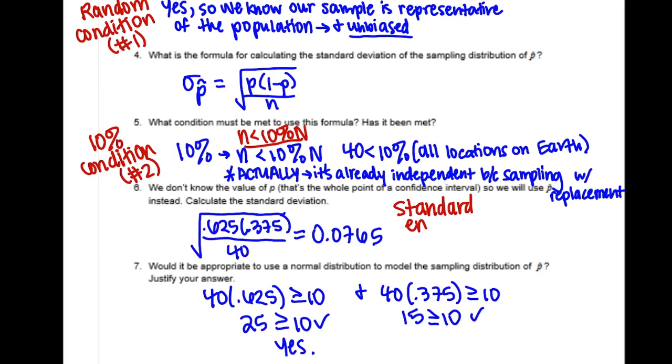And it's called standard error because it's an estimate. And so we call it SE of P hat. And so the formula for it is the square root of P hat times 1 minus P hat over N. And it's almost exactly the same formula. It's just that if we don't know P, we'll be using P hat instead.